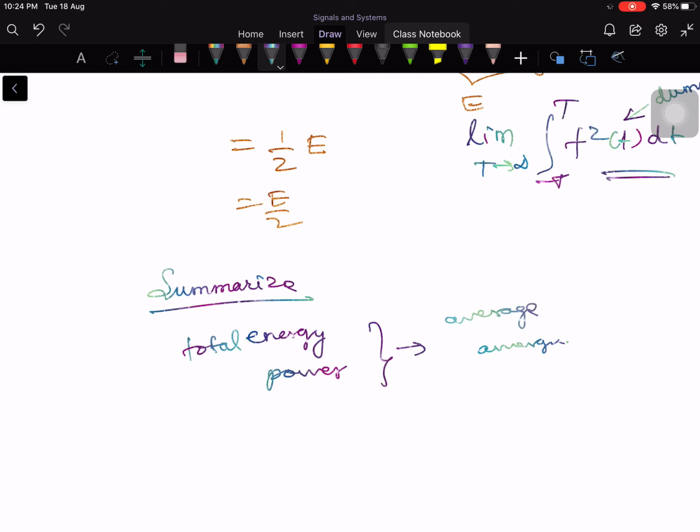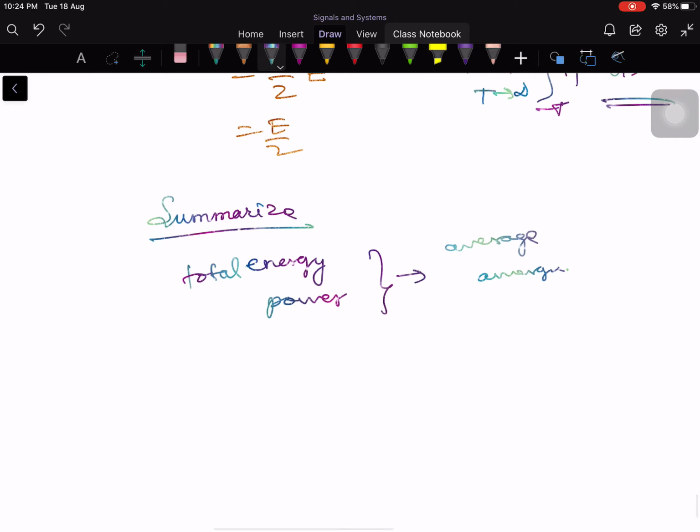We found the average power and the total energy of the signal for both continuous time case and discrete time case. And again we classified into 3 types: an energy signal, a power signal, and neither energy nor power signal. So these are the 3 important classifications, and the formulas you, of course, remember.